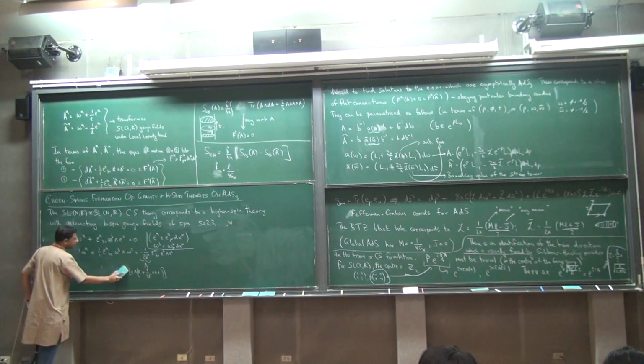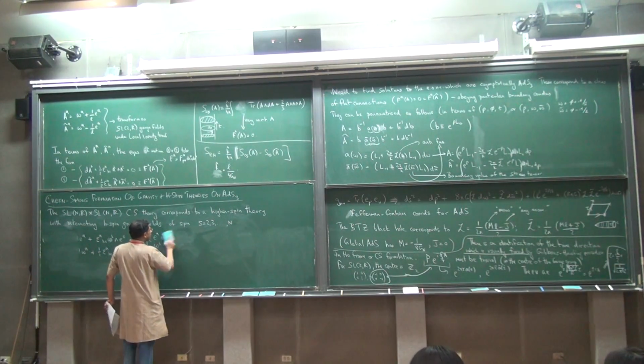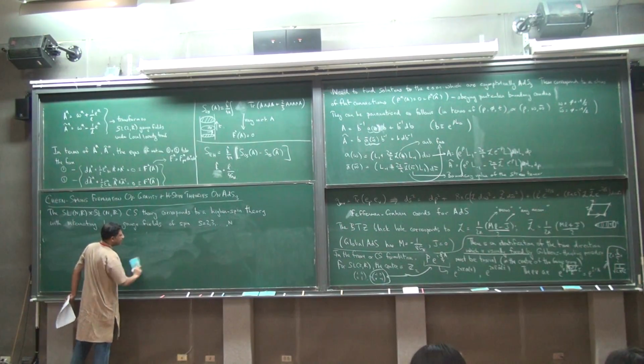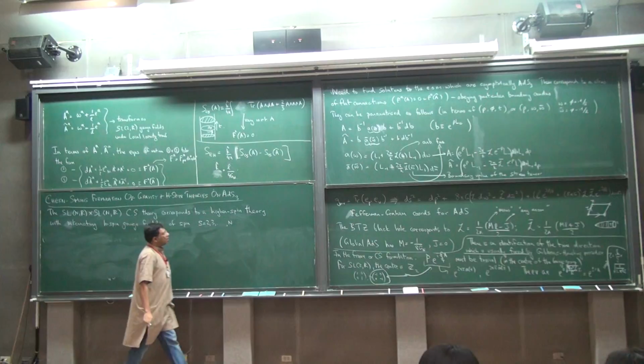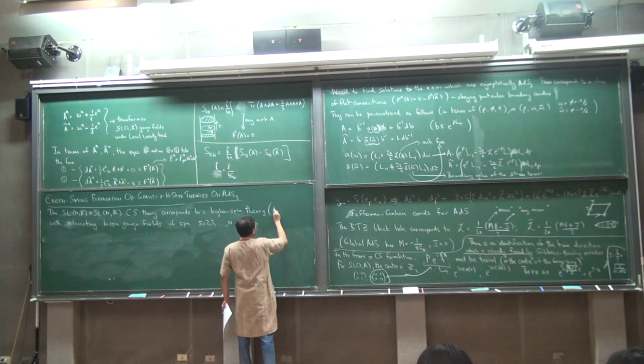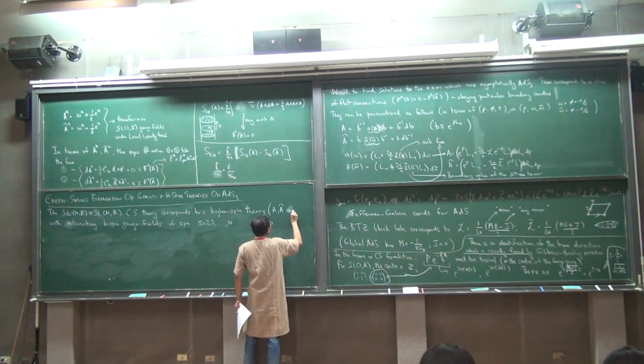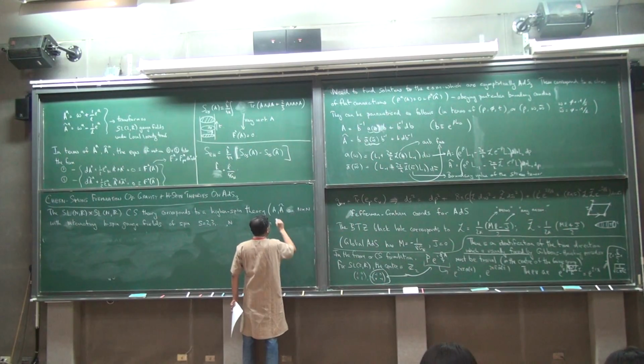I claim that if you consider the n by n case, this is A tilde, so these are n by n SLNR matrices.